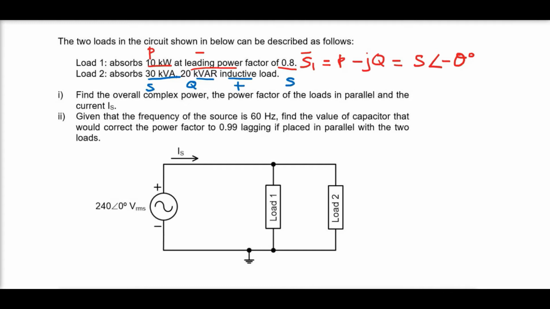So for the second load, complex power should be P plus jQ, or in polar form S at angle positive theta.